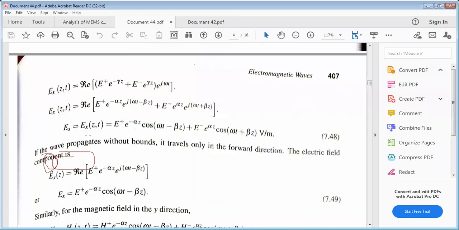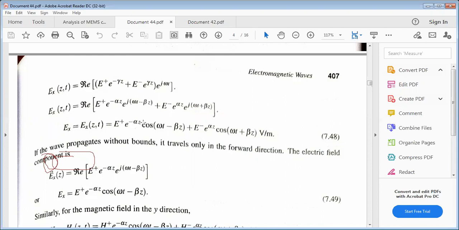So Ex as a function of z comma t equals, just distribute the term above: e plus into e power minus alpha z, e power j into omega t minus beta z. Can I replace e power j theta plus e power minus j theta in terms of cos of omega t minus beta z?